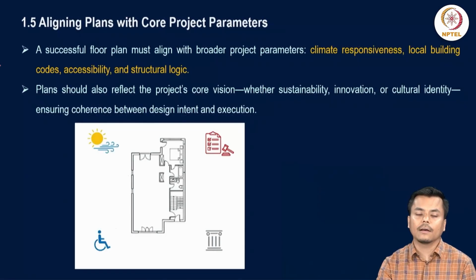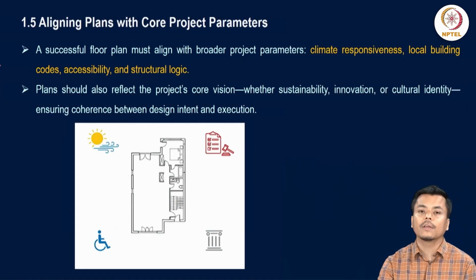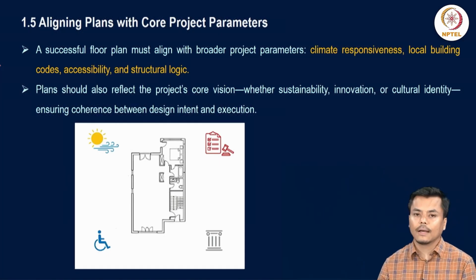Then there are other aspects, such as aligning plans with the core project parameters, because when you talk about the concept, it is not just an idea about the form of the building, it is actually to be represented through different elements of the design. One of those elements is the floor plan. Whatever idea you had regarding the project should also be discussed through the preparation of the floor plan.